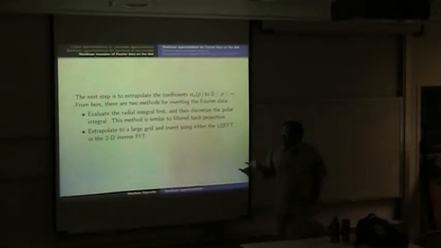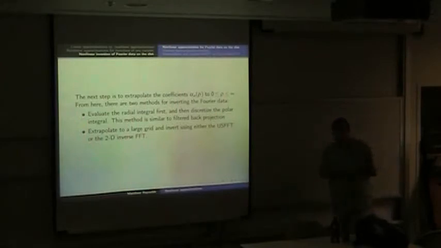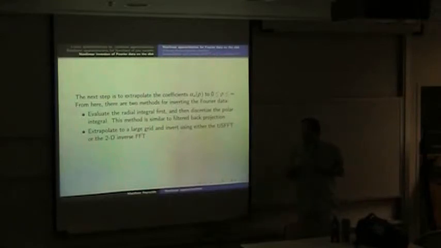Alternatively, we could extrapolate to a very large grid, whether it's a polar grid or a Cartesian grid, and then invert either using the unequally spaced fast Fourier transform or a 2D inverse fast Fourier transform.